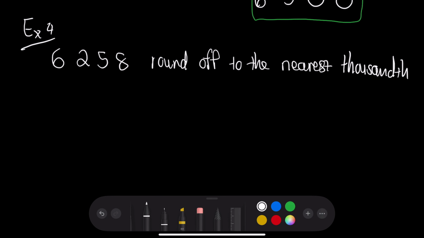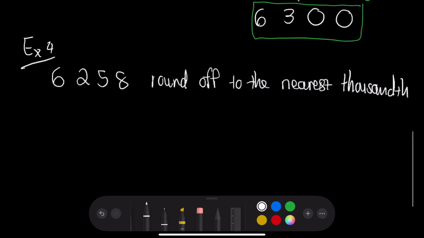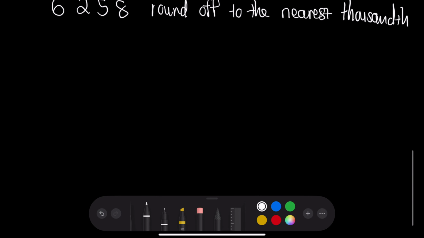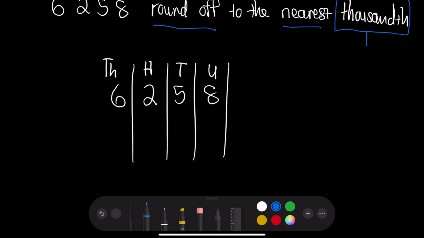Then once again, I have to take my number and break it up into units, tens, hundreds, thousands. I know whenever it's asking me to round off to the nearest, this is going to denote my place value I'm considering.